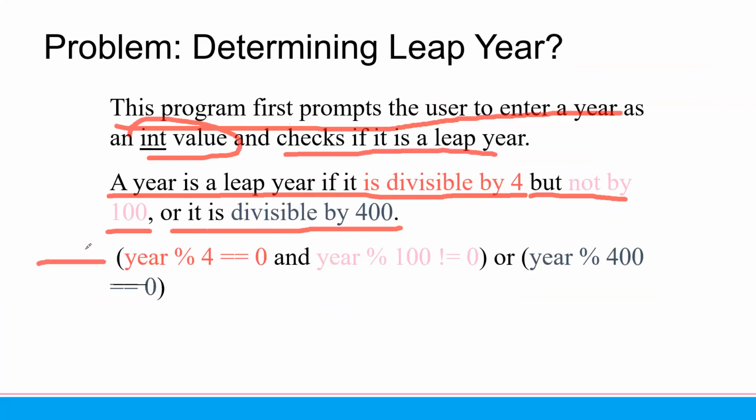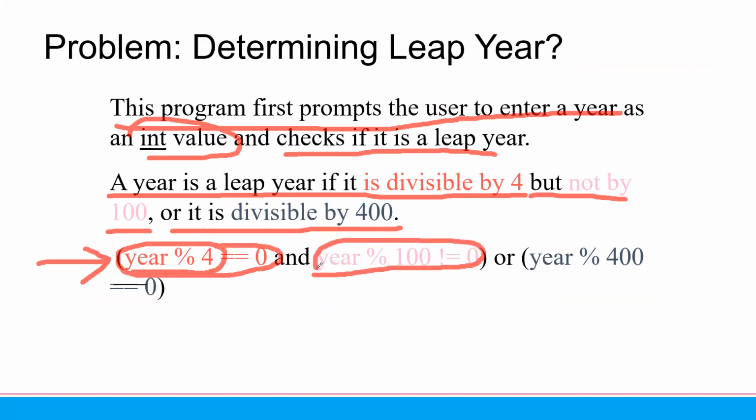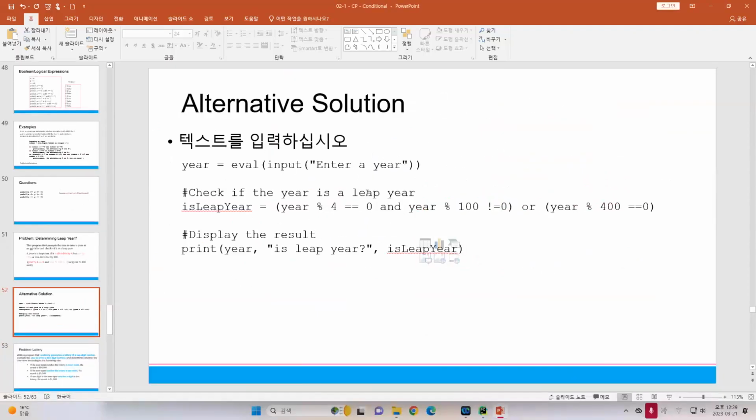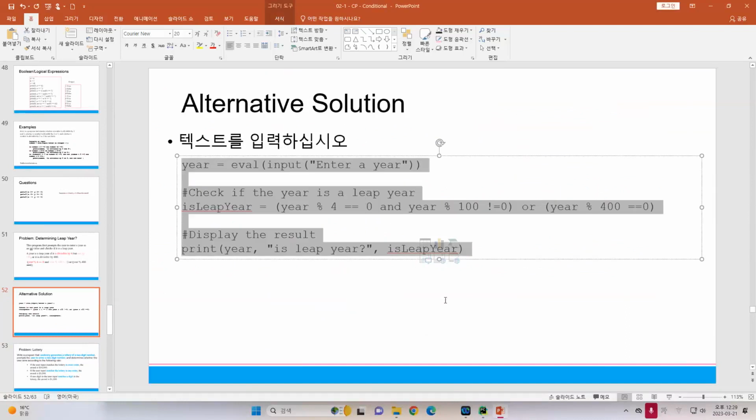So this is the formula: a year is a leap year if it can be divided by 4 and it is not divisible by 100, or the year is divisible by 400. Okay, we can just do this one.